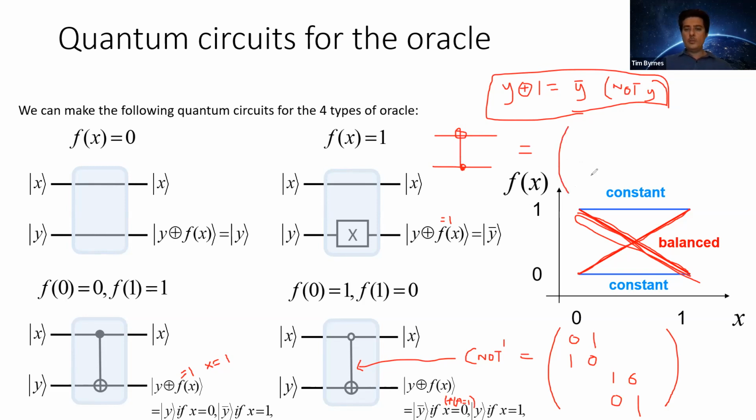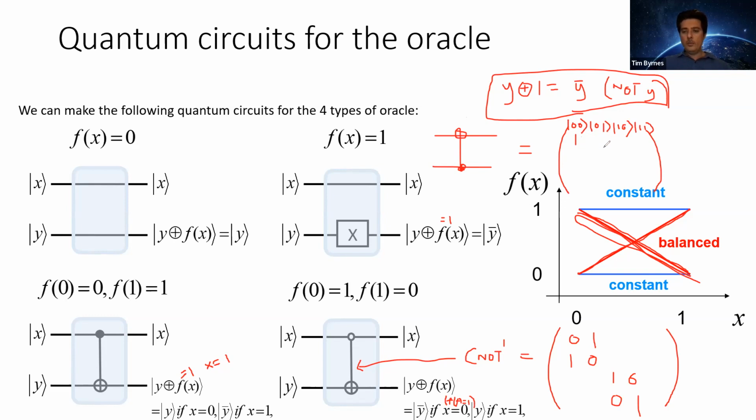So let's just quickly work out what the matrix of this one is. We write the matrix elements in this order: 0, 0, 0, 1, 1, 0, and then 1, 1. For this one, we look at the second qubit and then either flip the first or don't, depending on that. Because this one is 0, we're not going to flip anything, so this element will be 0.